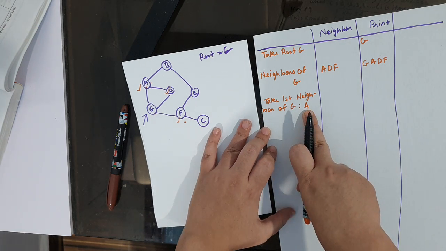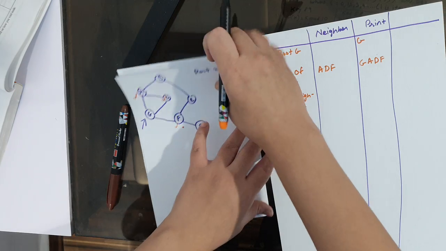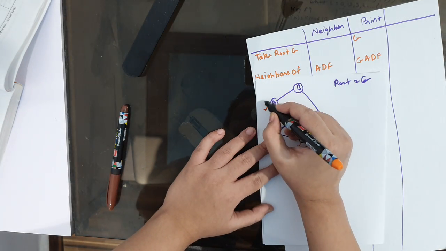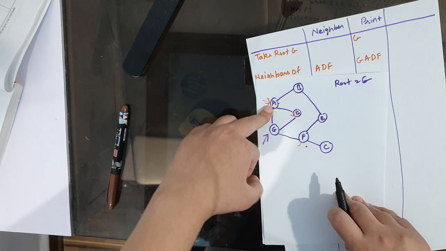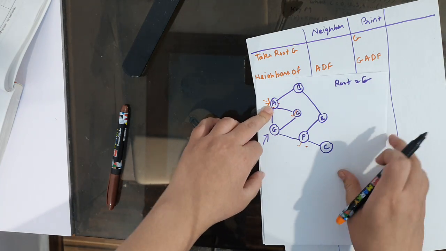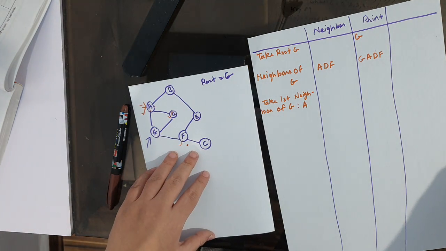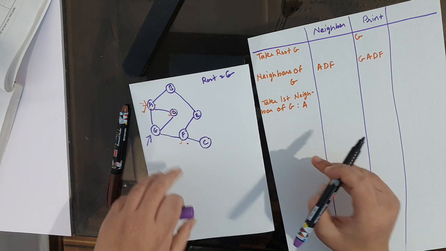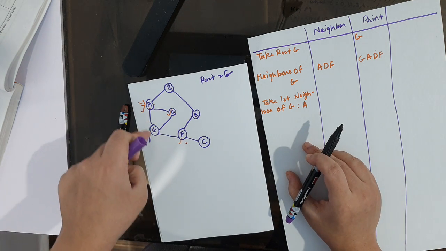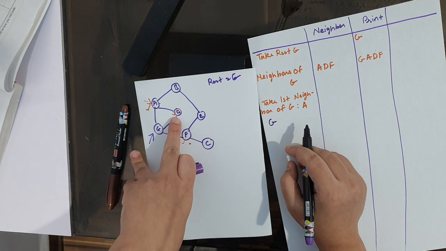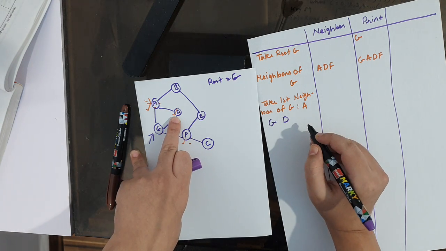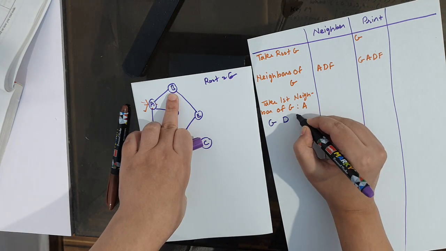We'll consider that first, and after that come over here to A, and explore the neighbors of A. What are the neighbors of A? The neighbors of A over here are basically the root node G, then D and then B.